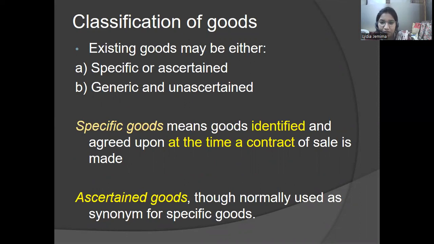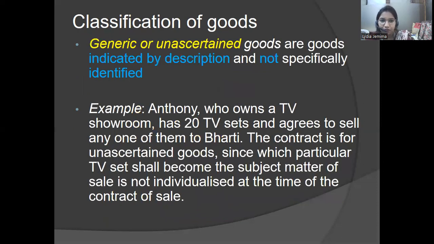Specific goods means goods identified and agreed upon at the time the contract of sale is made. Ascertained goods is normally used as a synonym for specific goods. Generic or unascertained goods are indicated by description, not specifically identified. For example, Anthony, who owns a TV showroom, has 20 TV sets and agrees to sell any one of them to Bharati.